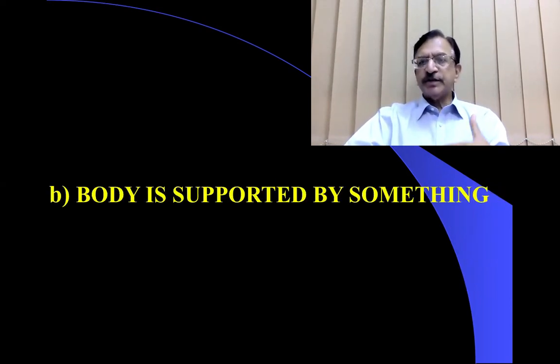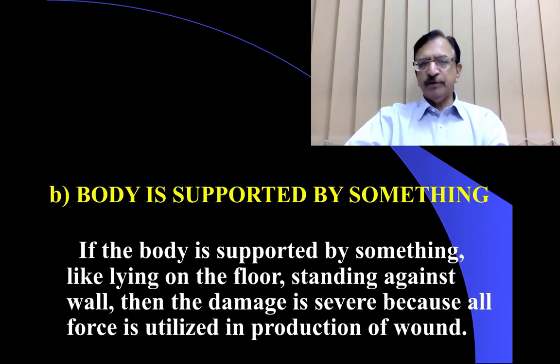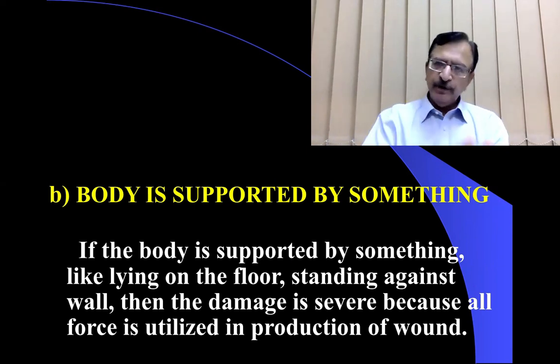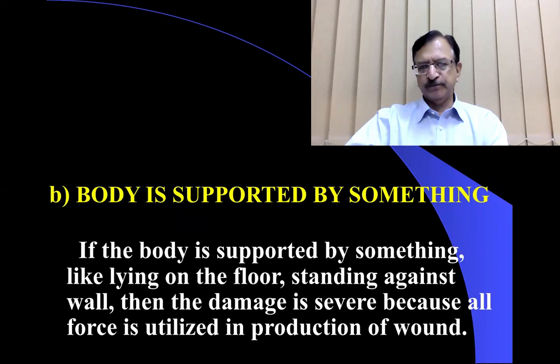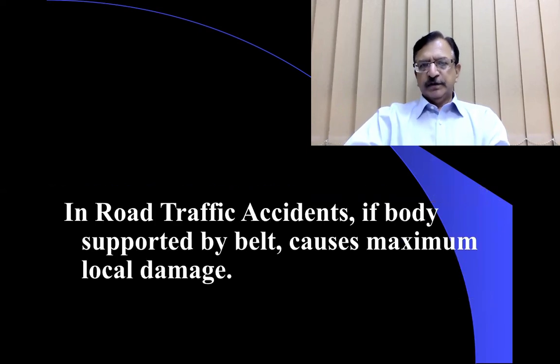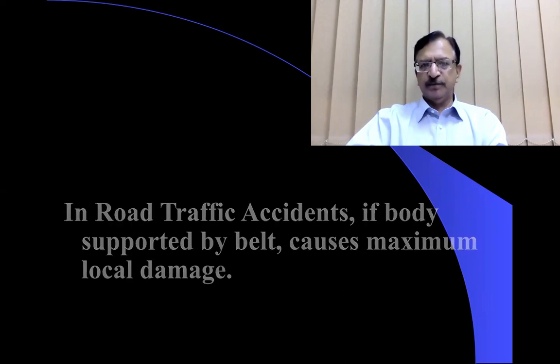And if the body is supported by something and unable to move, the person is lying on the floor or standing against the wall, then the local damage will be much more severe, as the whole energy will be utilized in the production of the wound. In a road traffic accident, if the body is supported by the belt, this also causes local damage because the body is supported and unable to move, and something striking will cause the maximum damage.